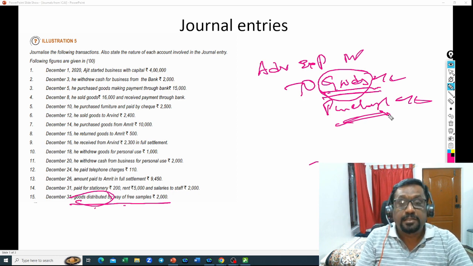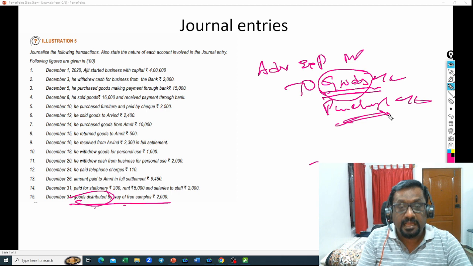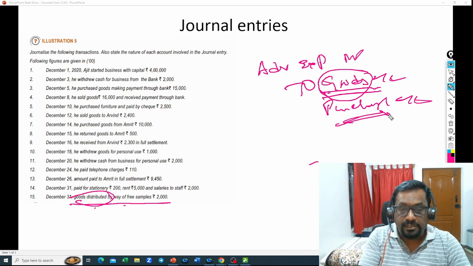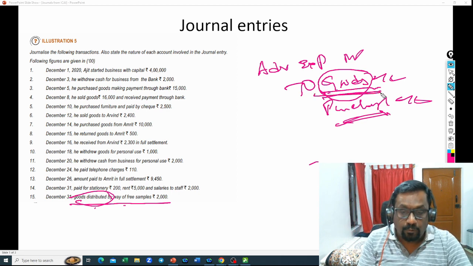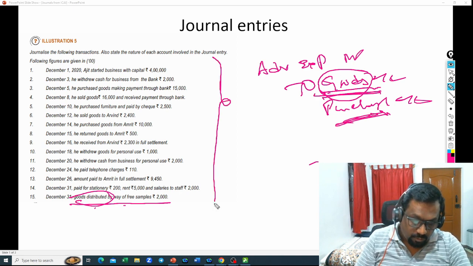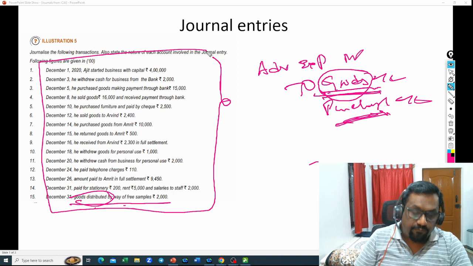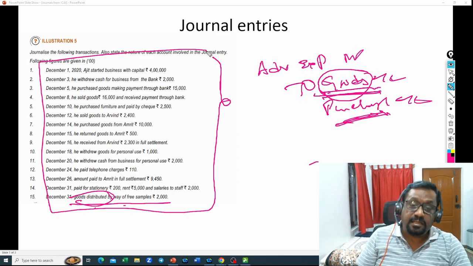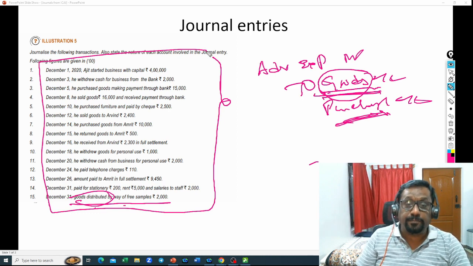Here also same. These goods were purchased previously and used for free sampling for advertisement purpose. Hence, instead of crediting goods account, you can credit purchase account. So this is how the journal entries have to be posted for the illustration given by the Institute of Chartered Accountants of India in their CA Foundation material, right?